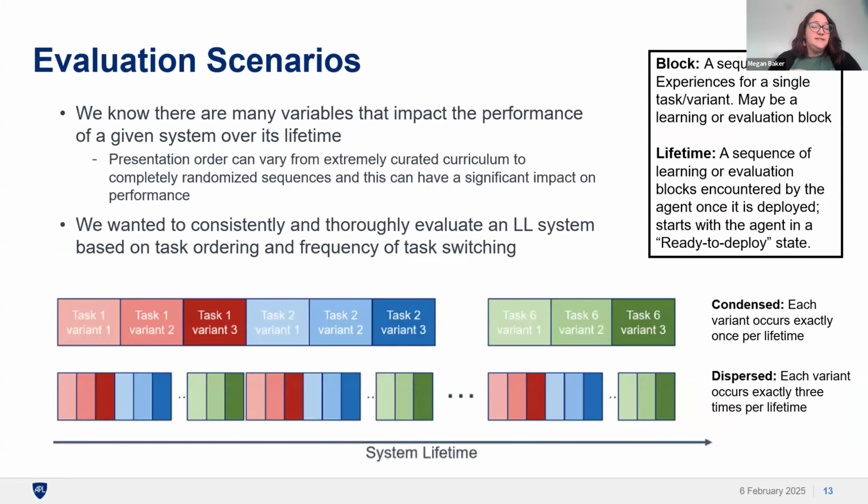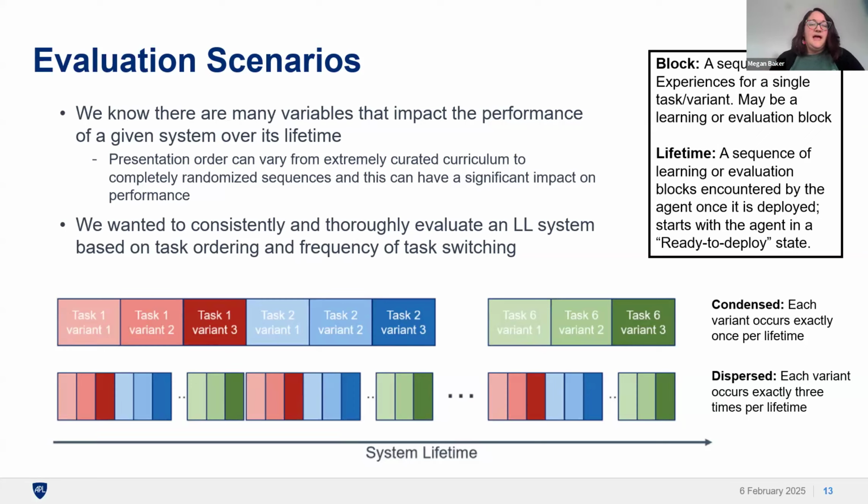So the second thing we wanted to do was think about evaluation scenarios and how we can assess these lifelong learning systems, understanding that there's a lot of variables that impact performance. We can think of curriculum learning as something that's extremely curated and can improve the performance of a system. But if you do that, you may not be robust to randomized sequences at the other extreme.